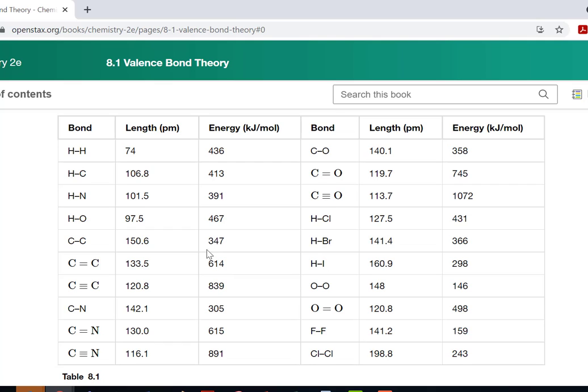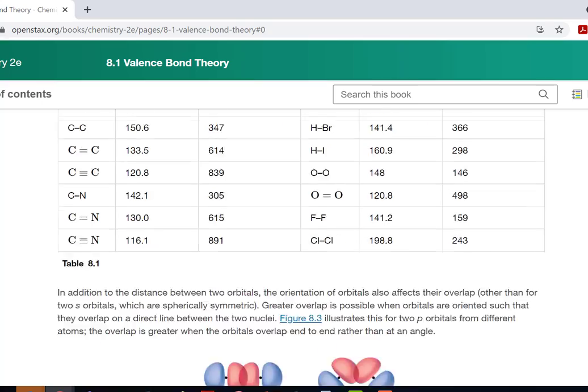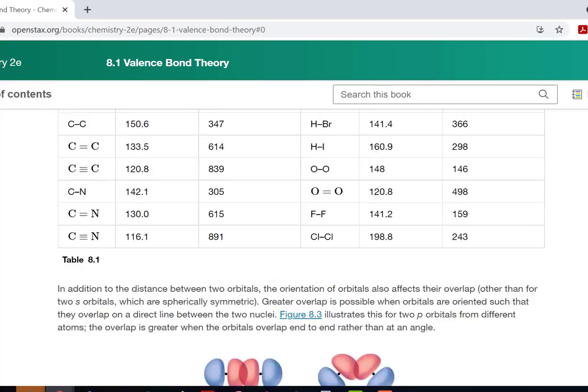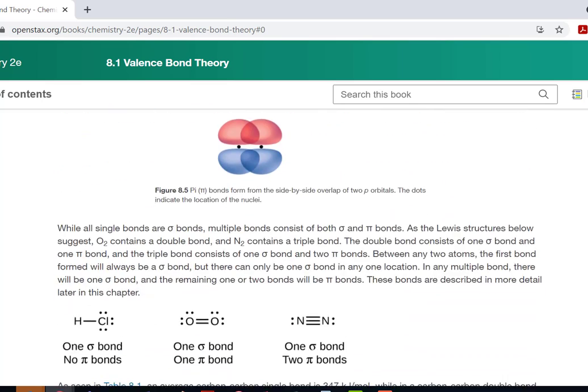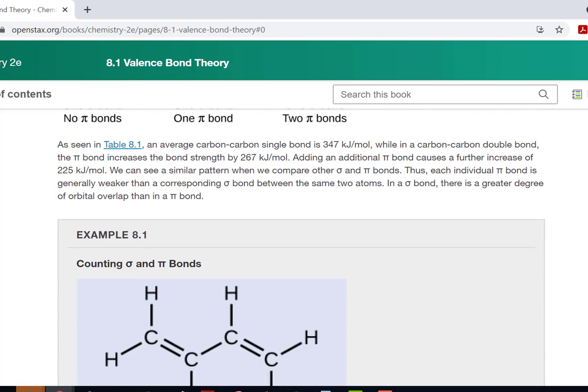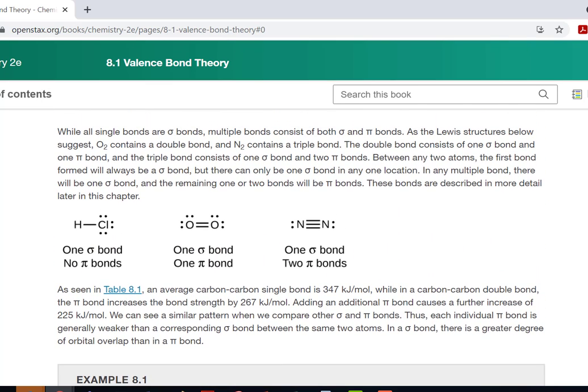So it does go up. It doesn't quite double for that reason, because it's not reproducing the same thing, it's creating something else that is similar. So be aware of that, but don't worry about the numbers or calculations. Just be qualitatively aware of those numerical trends. Each pi bond is usually a bit weaker than the sigma bond between the same two atoms.